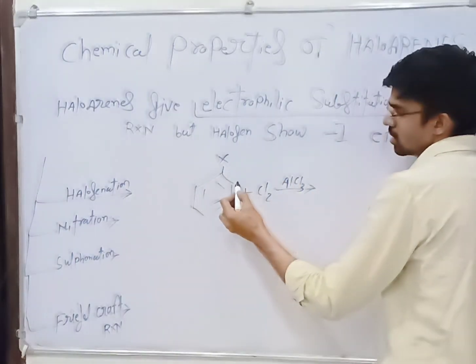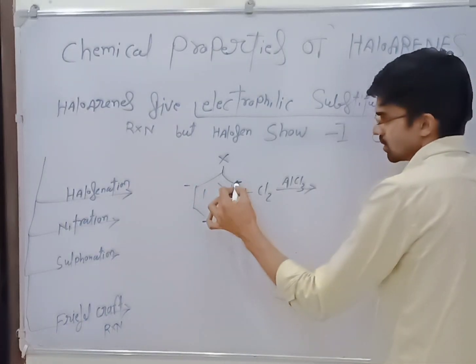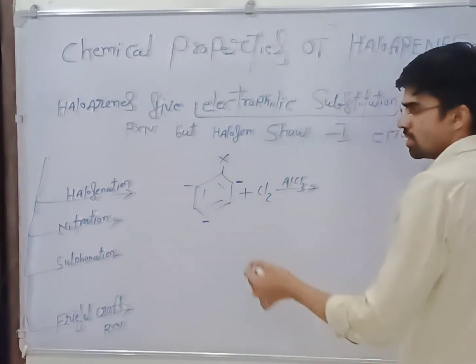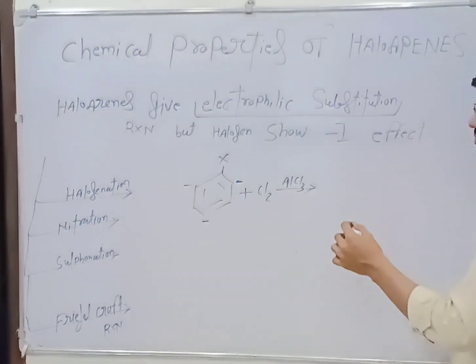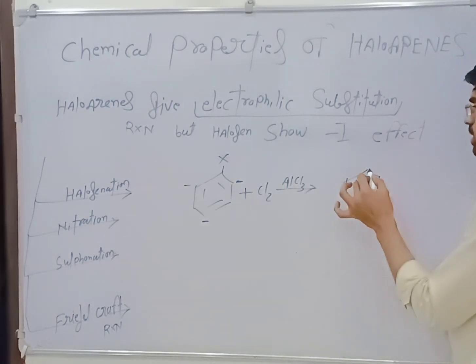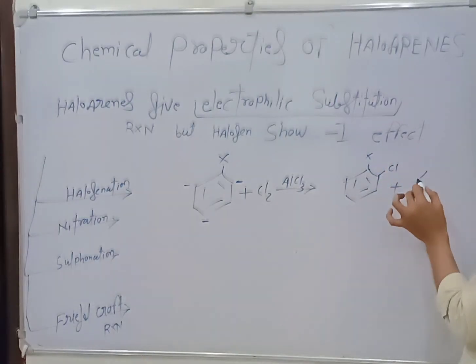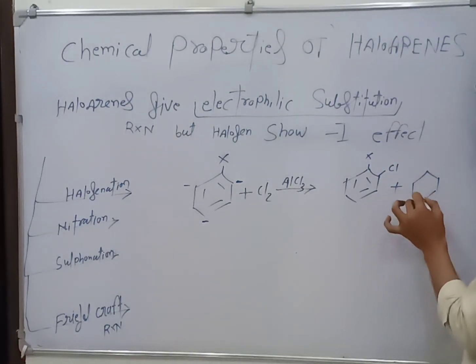As we know, in ortho and para positions electron densities are higher. That is why the electrophile will get attached to the ortho and para position. So it will give ortho and para halides, where the para product is more stable.